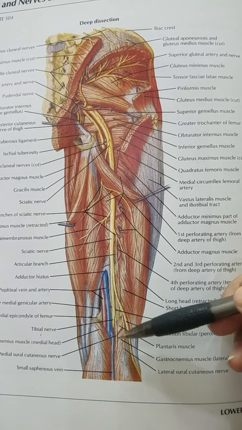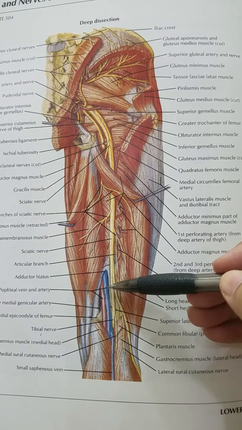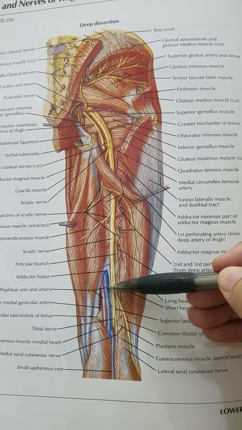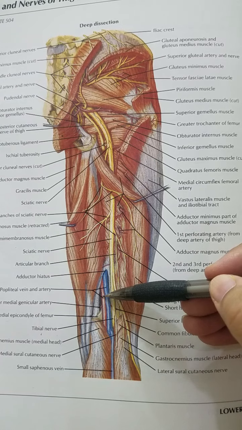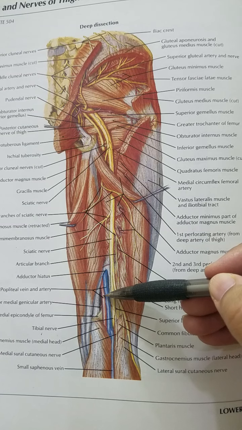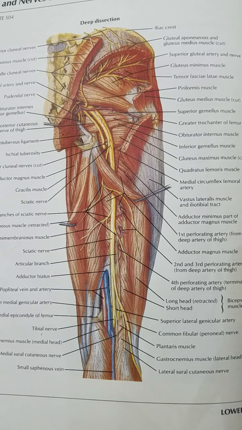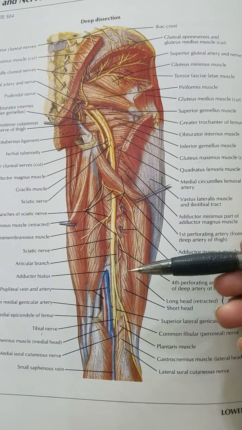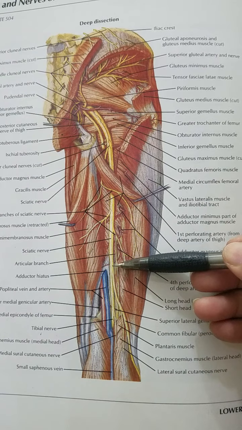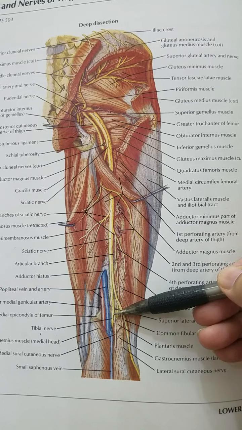Along with that, you can also see that this here is the popliteal vein, and deeper to that you will have the popliteal artery. Now when it comes to the popliteal fossa, it's important to remember that the neurovascular structures are arranged in a way that the superficial most of those would be the nerves.